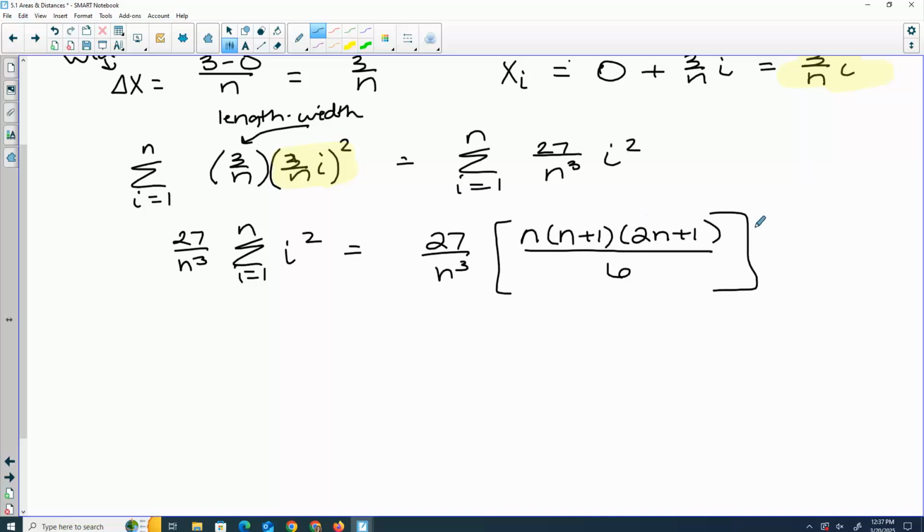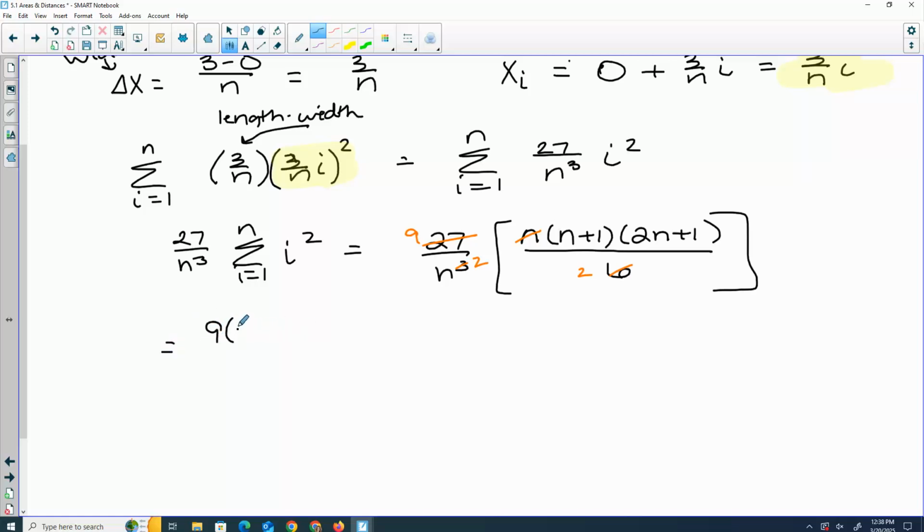Okay, we need to simplify this as much as we can. So I'm going to go ahead, can I knock an n off everything? 27 and 6 would reduce to 9 over 2.